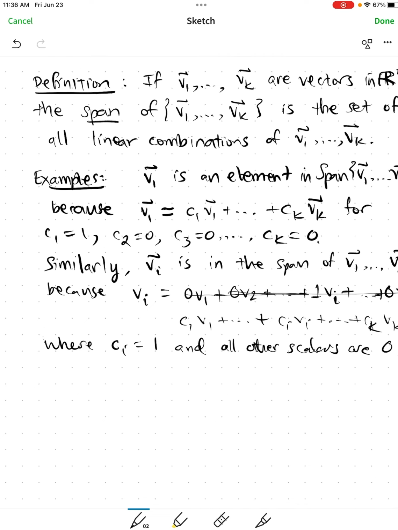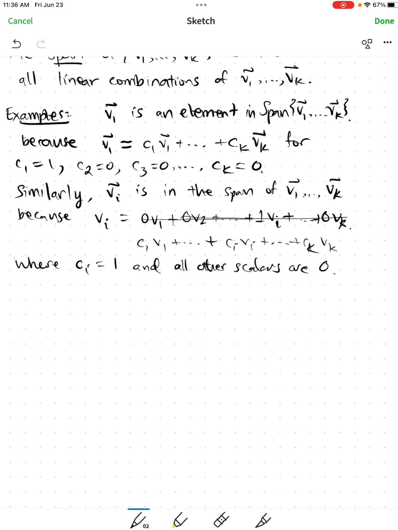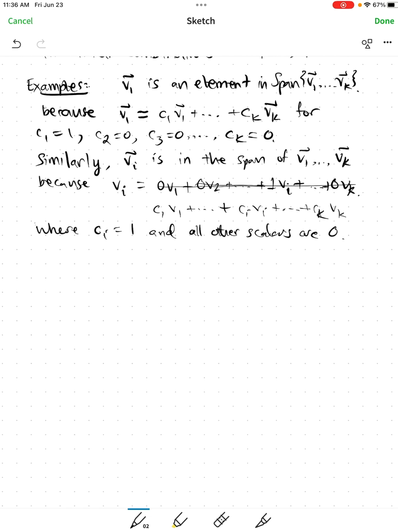Okay. So whenever you have these k vectors and you consider the span, those k vectors are also in the span.